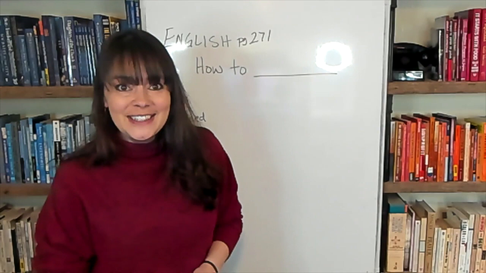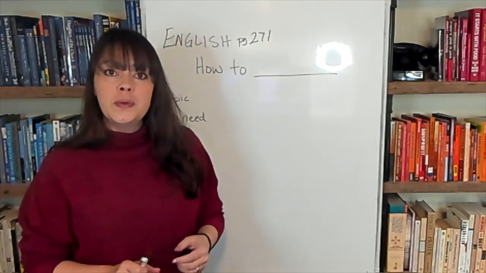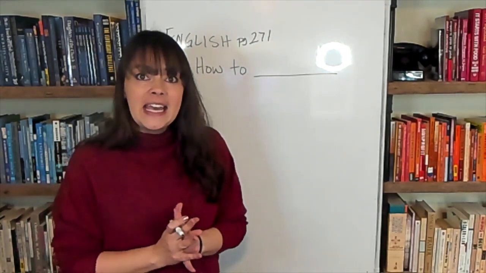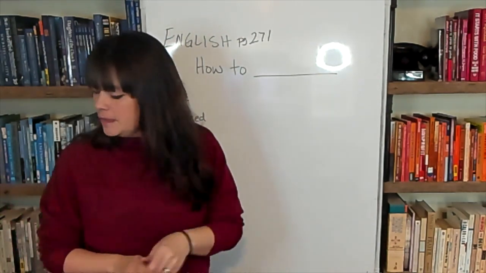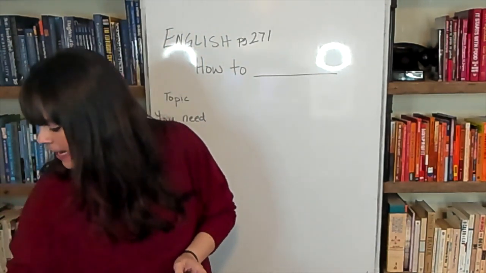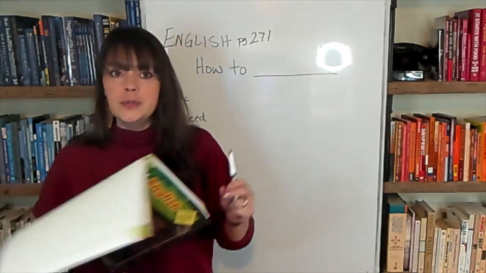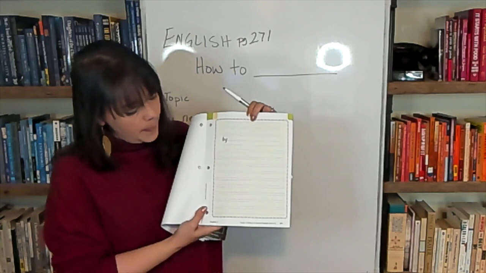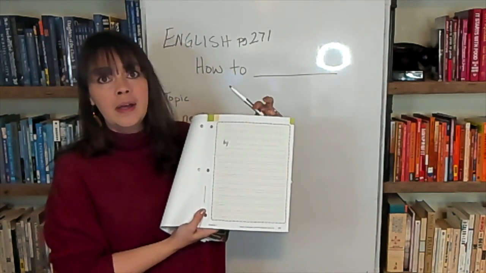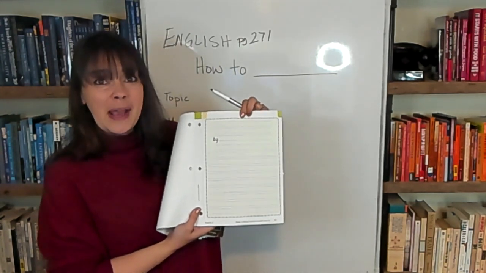Okay, in English, today it's time for you to take your thinking and planning about your how-to paragraph and make it into your final draft. There is a page for you, page 271 in your English workbook that sets you up for being able to write your how-to instructions paragraph.